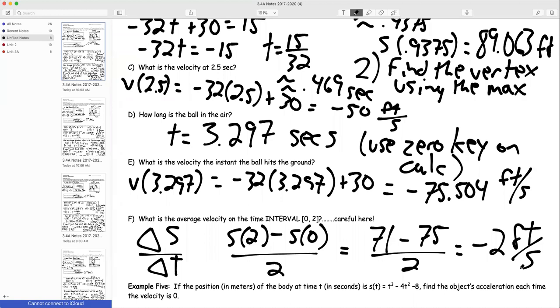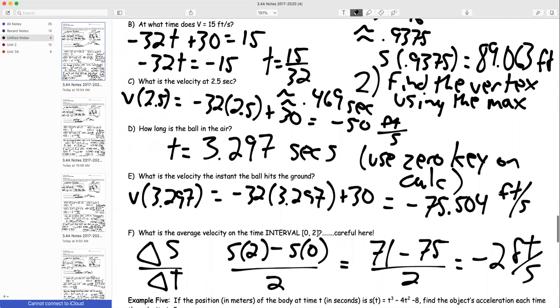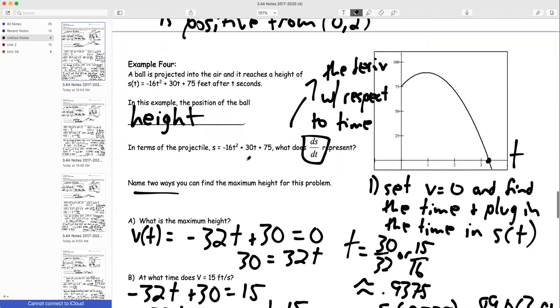All right, any questions over any of those there? I didn't get D, like without the calculator. What was the process for D? Sorry, D. You need to graph the equation. So I'm going to graph the position equation, this right here.